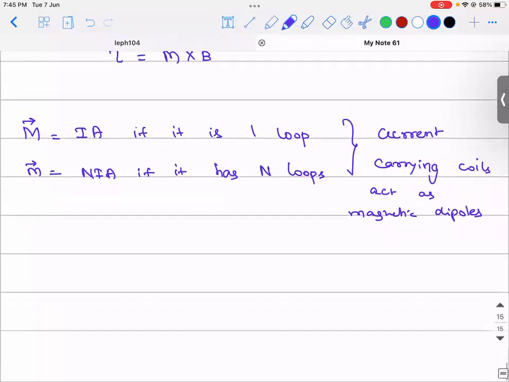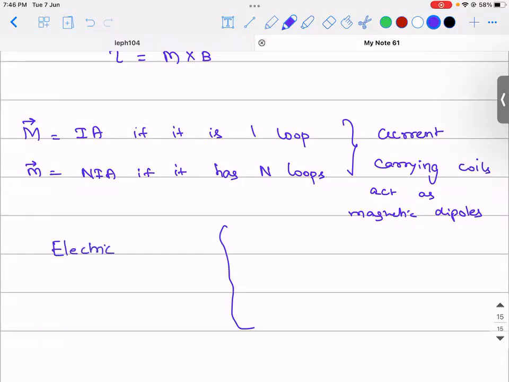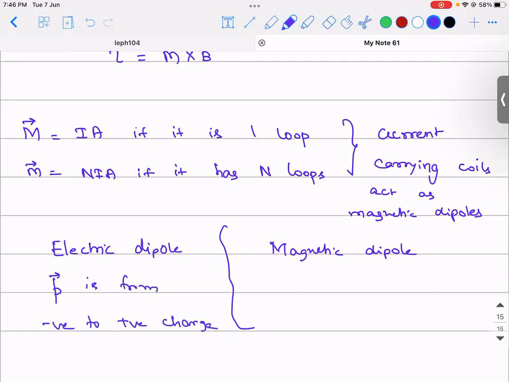Okay, now if you see, if you have an electric dipole and if you have a magnetic dipole, for electric dipole, P vector is from negative to positive charge.